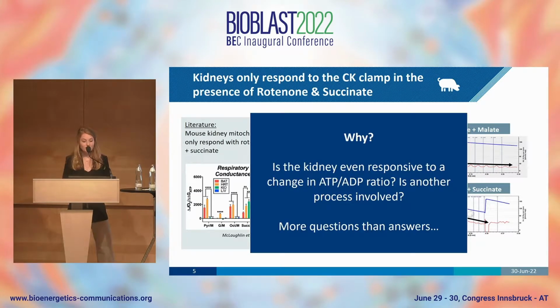There are more questions than answers. One of the things is, maybe this is not a physiological situation? Does the kidney even respond to changes in ATP-ADP ratio? Or does it have a very constant working rate, and therefore should it not even respond to such a thing? Is another process involved? We simply don't know, so we need your input.